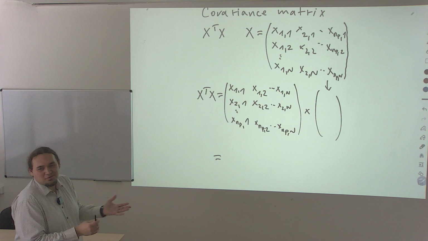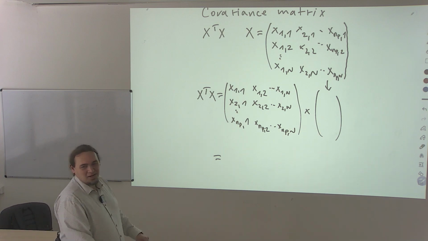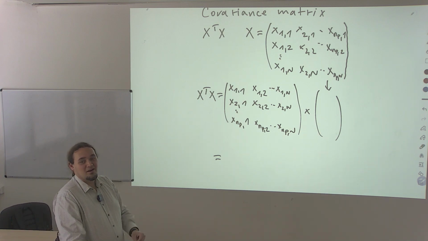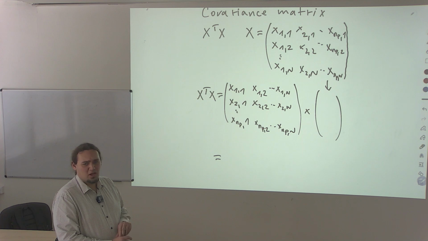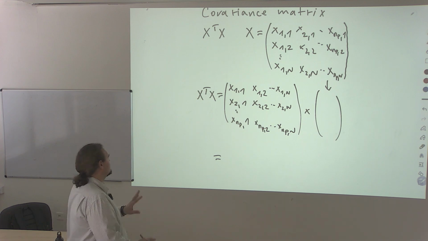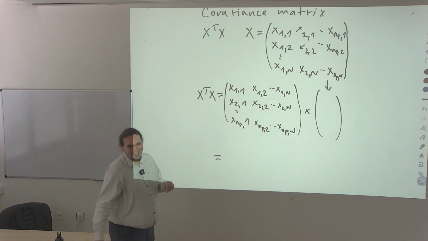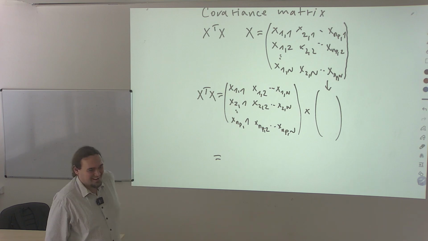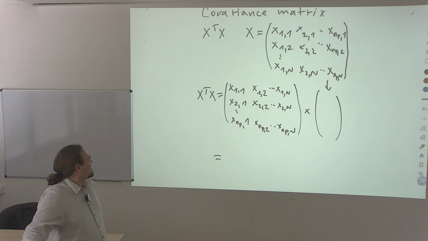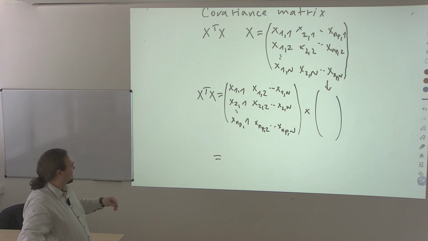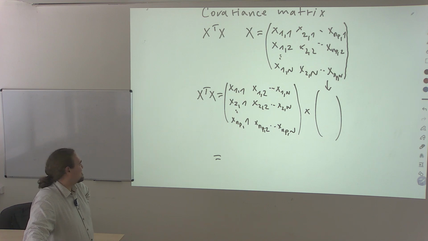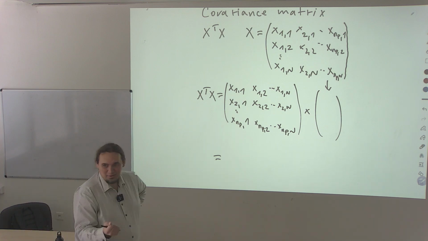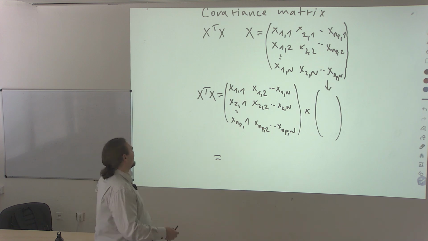MATLAB is doing multiplication of matrices, not element-wise. Element-wise is not the real multiplication. It's called the Hadamard product or something like that. That's crazy math actually, if you want to do the derivation with it. So how do we multiply the matrices?